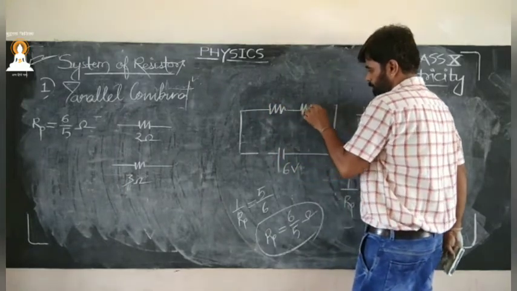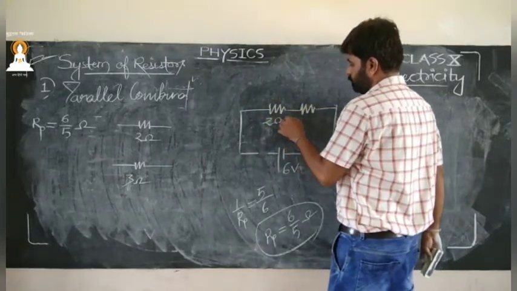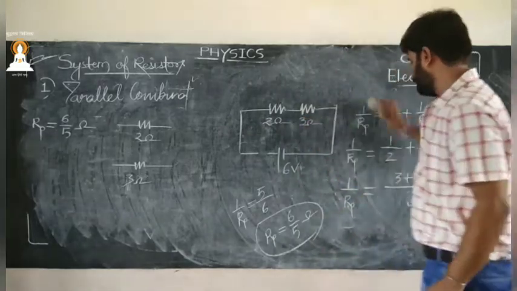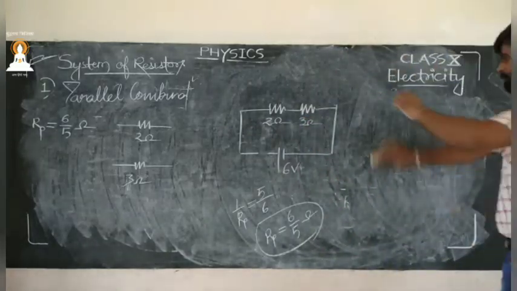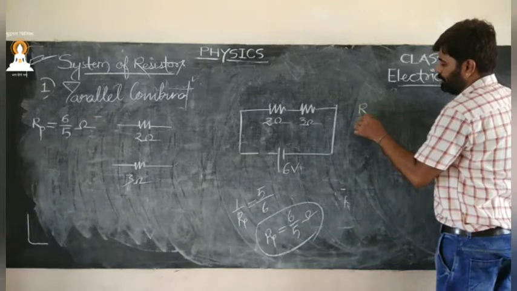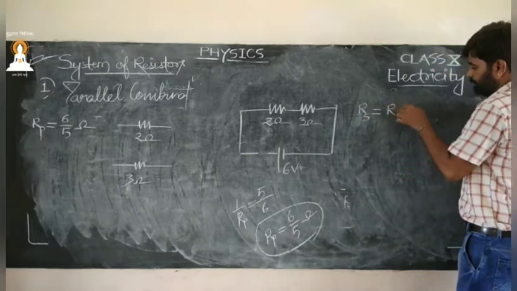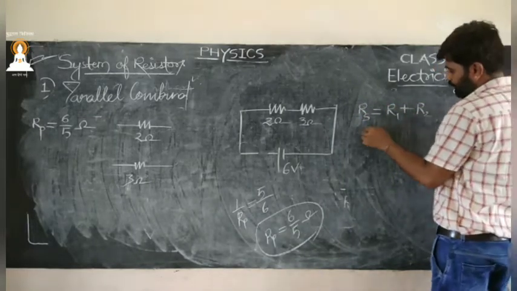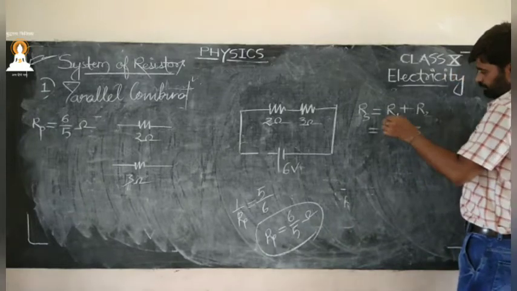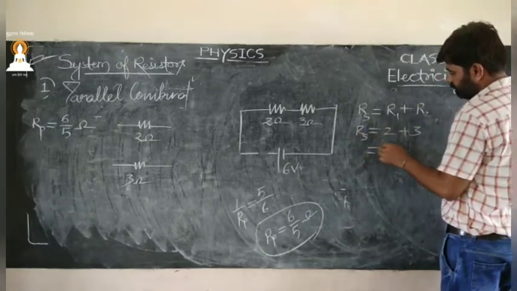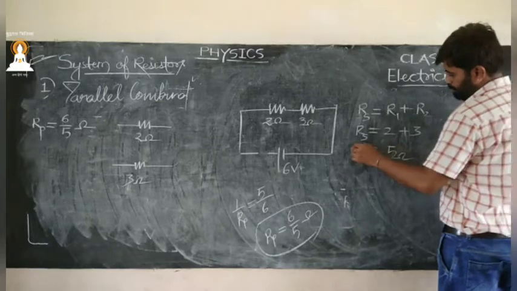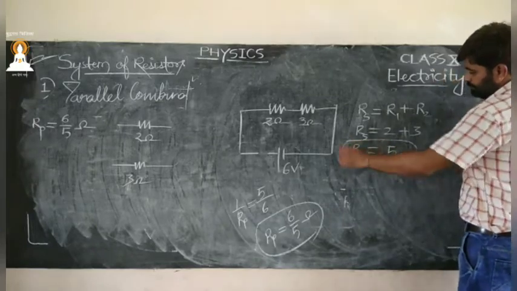This is 2 ohm, this is 3 ohm. Now this time the formula will be RS, so RS will be equal to R1 plus R2. R1 is 2, R2 is 3. So RS will be 5 ohm.